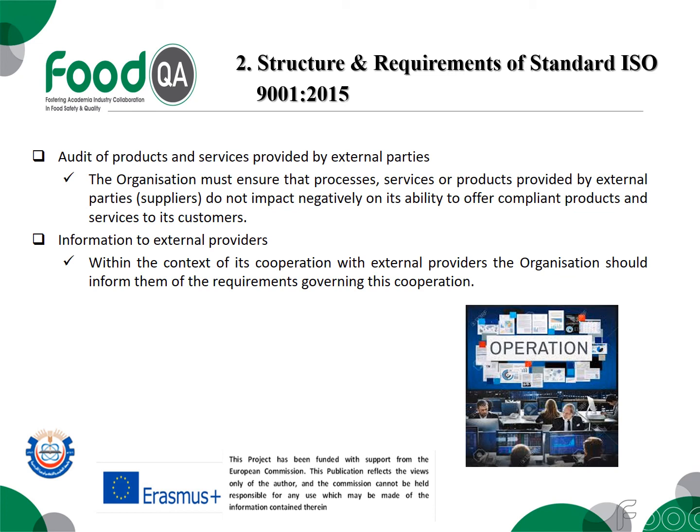So the external suppliers should have a standard that goes along with the standard of the organization, so that we don't get to the point where the product is non-compliant and the customer is getting less than the best service by the company or the organization.